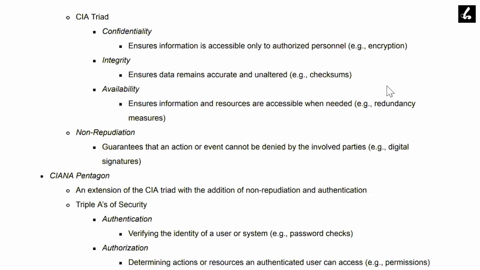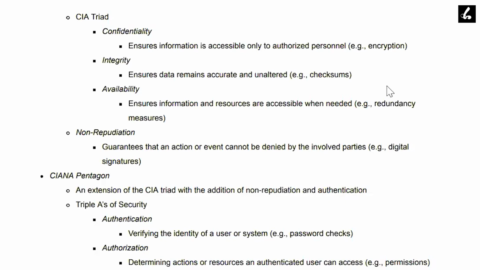For example, if you steal money from the bank as a hacker or as an internal employee, but non-repudiation measures are there, then we have logs that show you have done it. Even if you deny it, we can show you the logs. That's non-repudiation. The best example of non-repudiation is digital signatures.